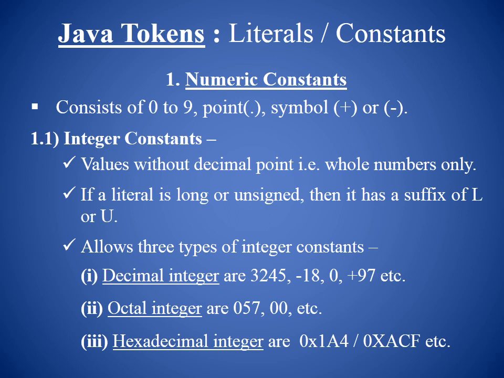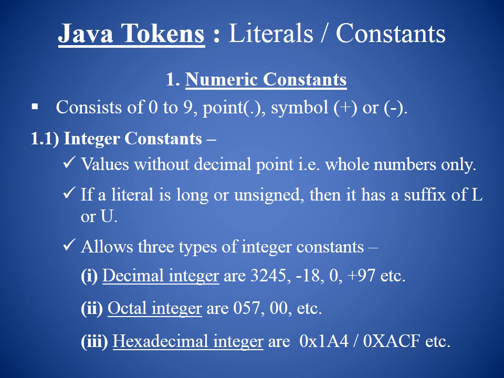A constant without a decimal point is called an integer constant. Further, integer constants are again classified into three categories: decimal integer, octal integer and hexadecimal integer.